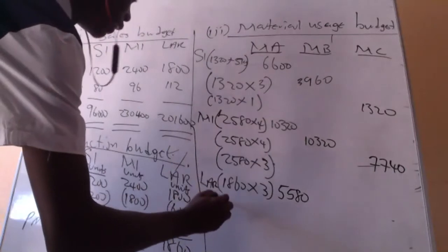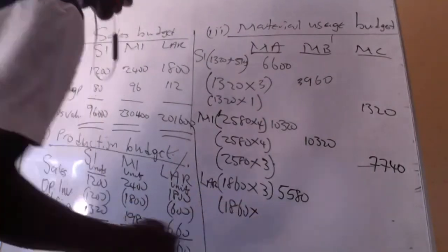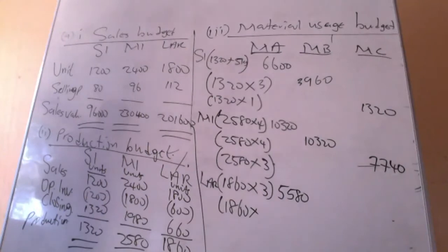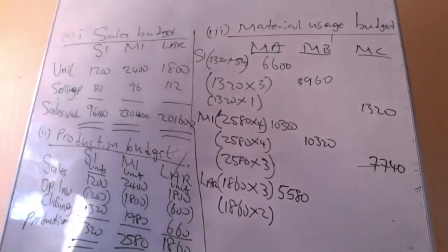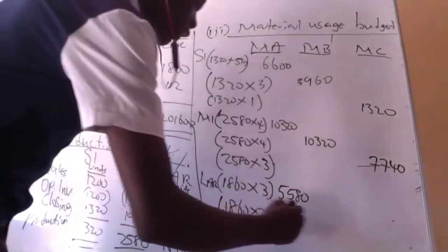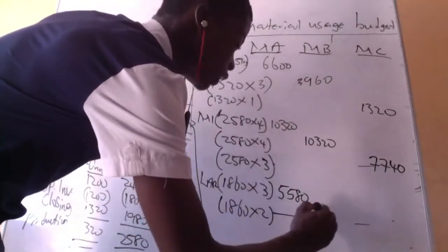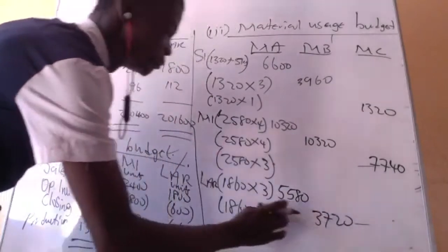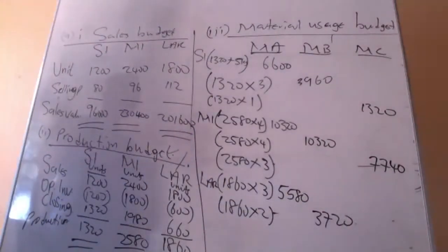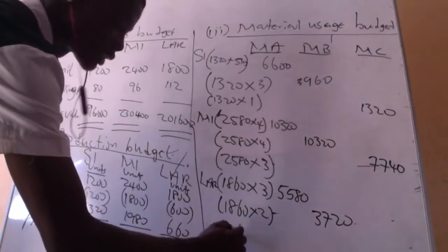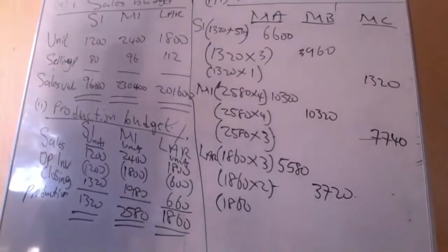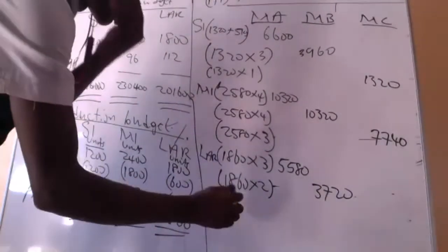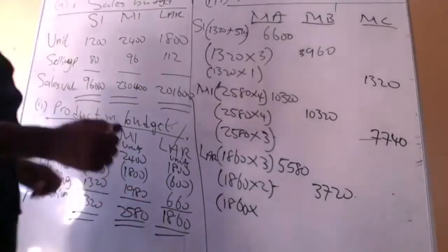Then the next one is 1,860 by 2. Good, by 2. And that would be 3,720. Good. And lastly, 1,860 times the requirement.